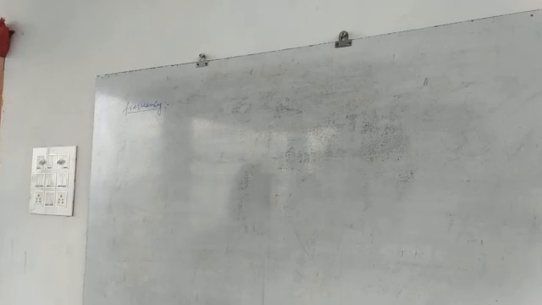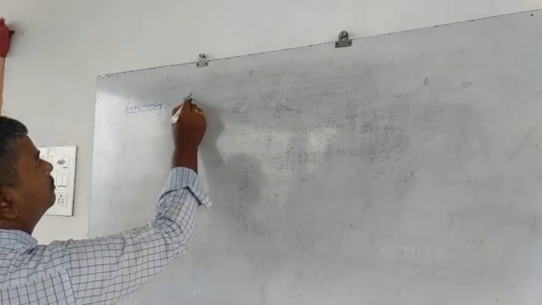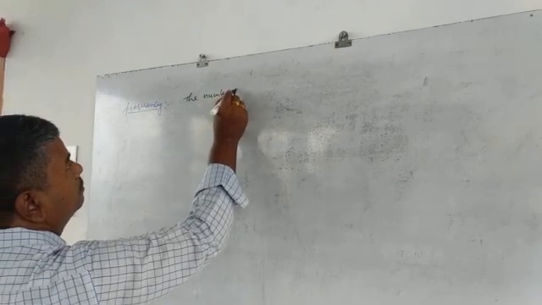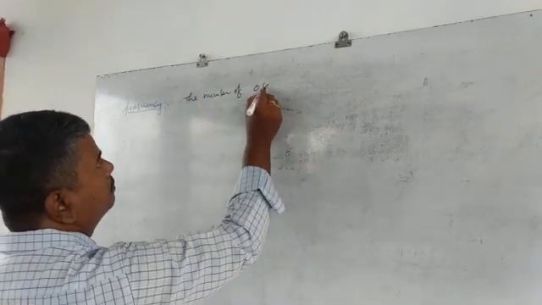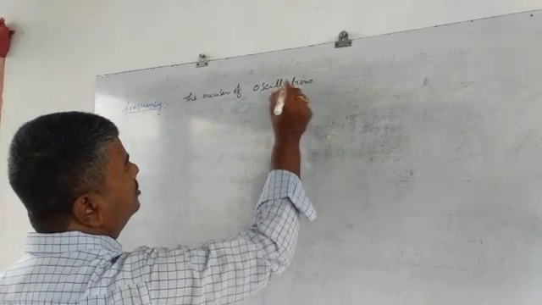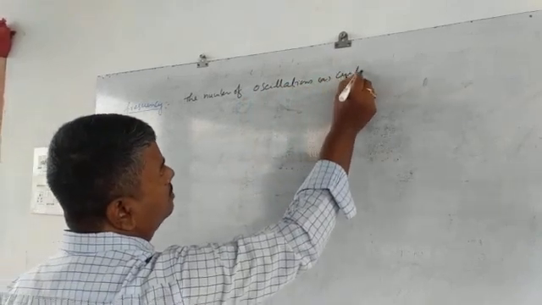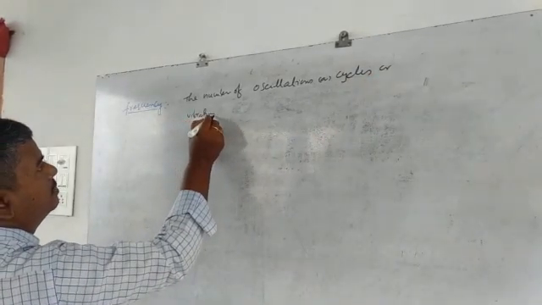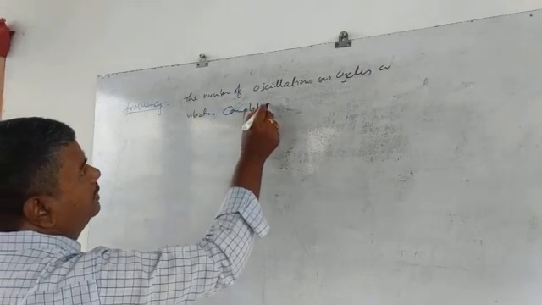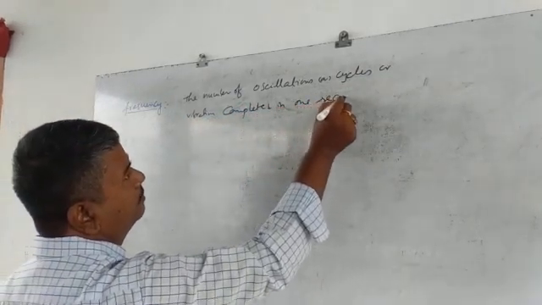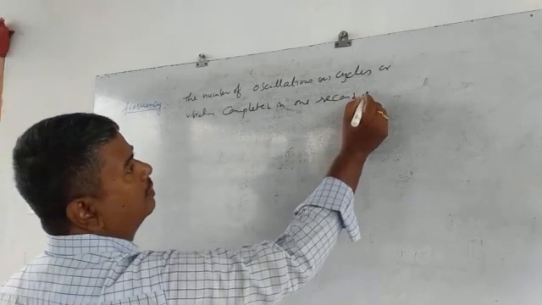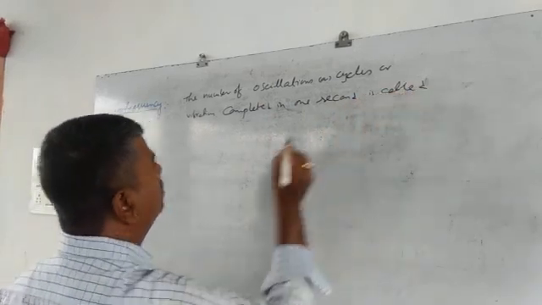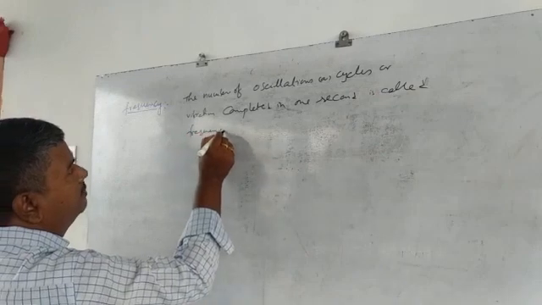Frequency means the number of oscillations or cycles or vibrations completed in 1 second. The number of oscillations or cycles or vibrations completed in 1 second is called frequency. It's called which one? Frequency.